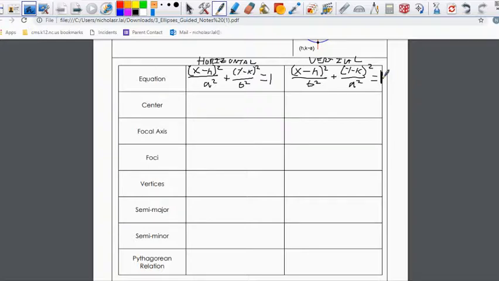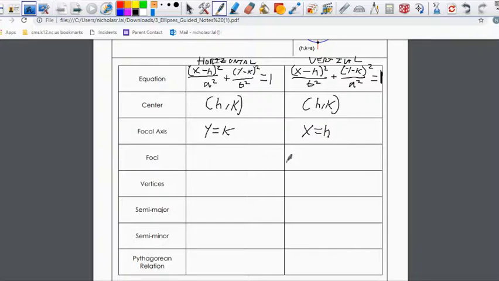The center is going to be h, k. Here the center is going to be h, k. The focal axis is going to be y equals k. The focal axis here is going to be x equals h.